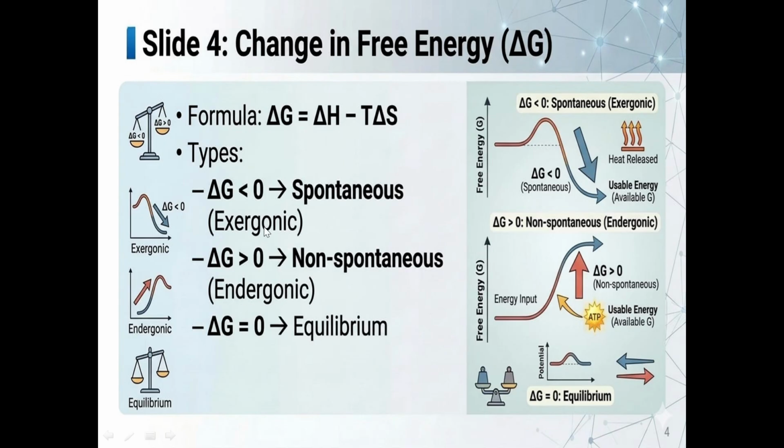In an exergonic reaction, the reactions occurring inside the body release heat energy to the environment. And an endergonic reaction requires heat energy for the continuation of the reactions. If delta G is equal to 0, then it means the forward and backward reactions, spontaneous and non-spontaneous, are in equilibrium.